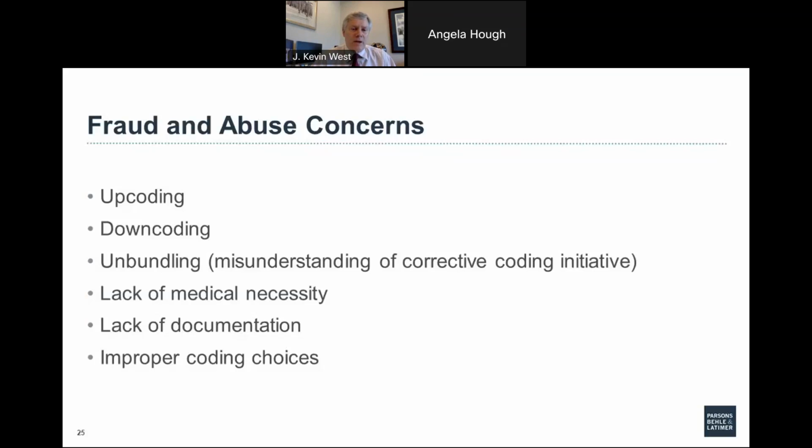The problem of unbundling, which is where a provider, instead of billing a single code that represents a procedure, sort of takes that single code apart and bills several services instead of a single service. And this goes back to an important document known as the National Correct Coding Initiative Manual, which is a guideline on bundling and unbundling.